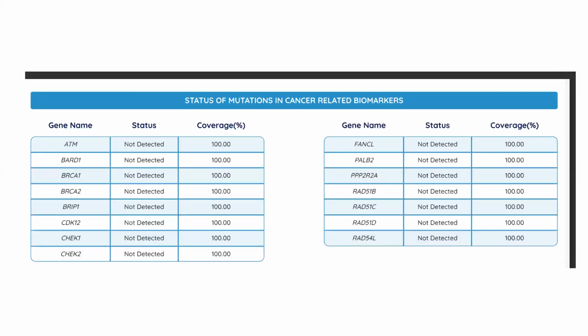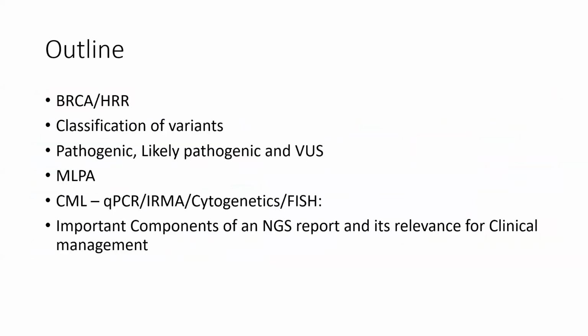So, in the interest of every one of us, it's always better to look beyond BRCA, because there is so much evidence coming up from India as well as from the rest of the world that when you have a classical HPOC, it is not necessary that it will always fit in BRCA1 and 2.